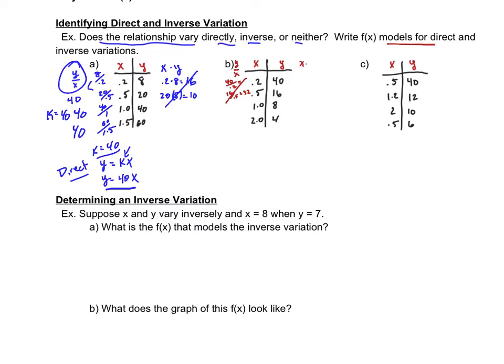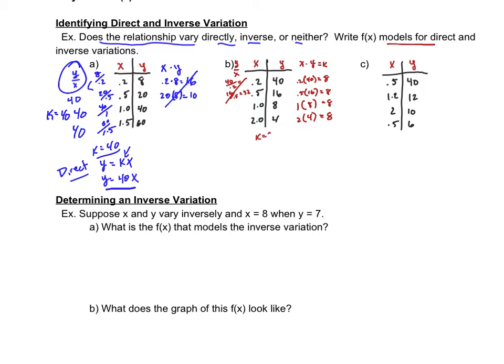But if I check the inverse, which is x times y equals k, I get 0.2 times 40 is 8, 0.5 times 16 is 8, 1 times 8 is 8, and 2 times 4 is 8. So it looks like k is equal to 8.